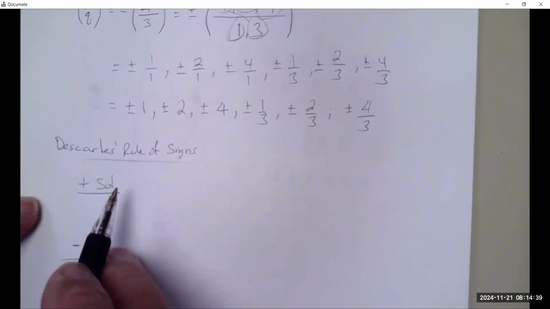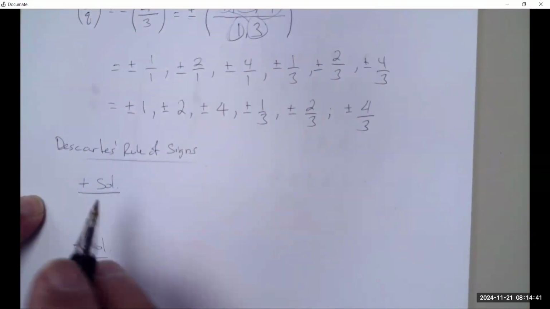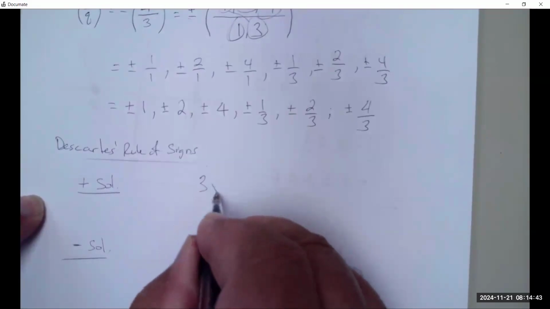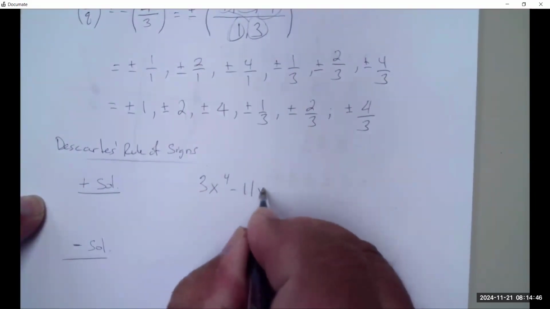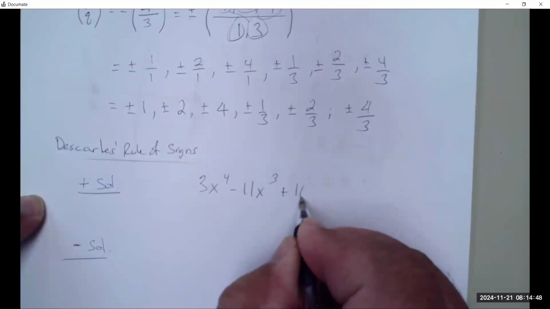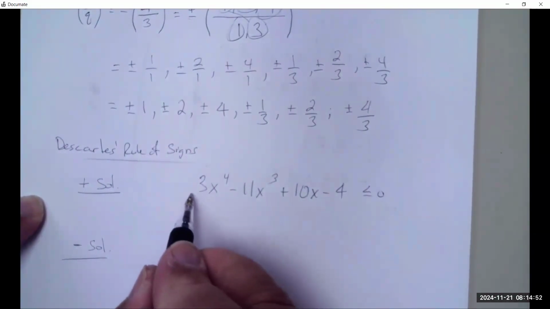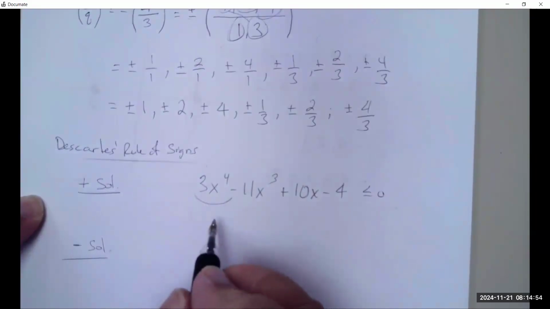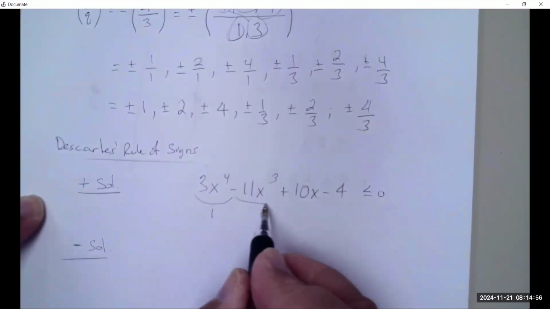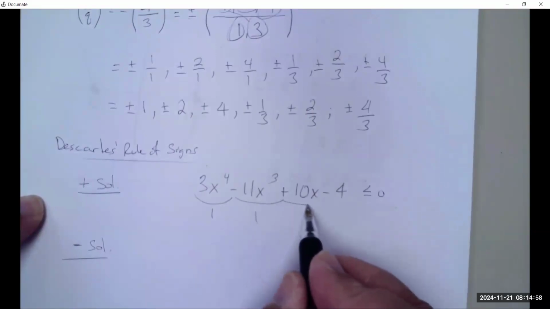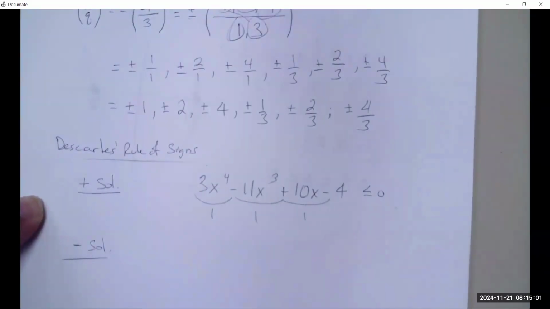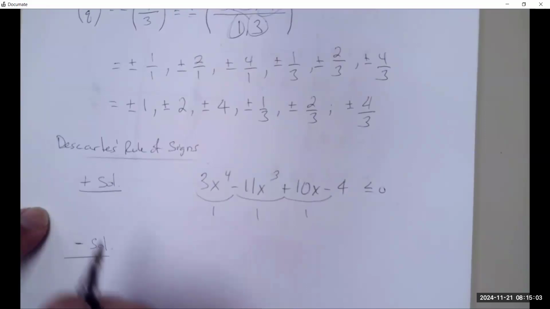So how do we find that? How do we find the number of positive solutions? Our polynomial is this. Look at the sign changes. It goes from positive to negative. Is that a sign change? Negative to positive? Positive to negative? So how many positives am I going to have?